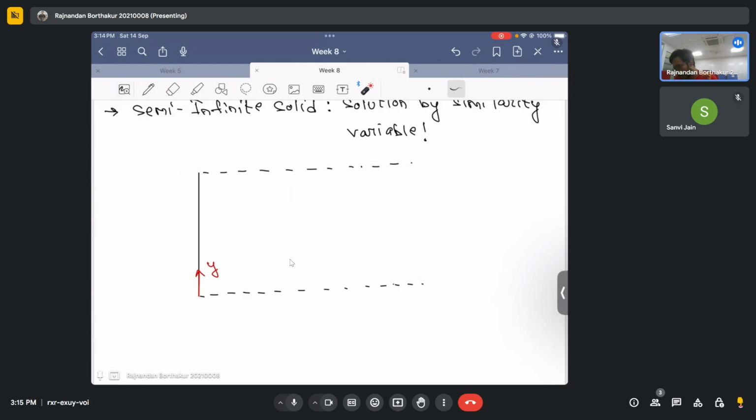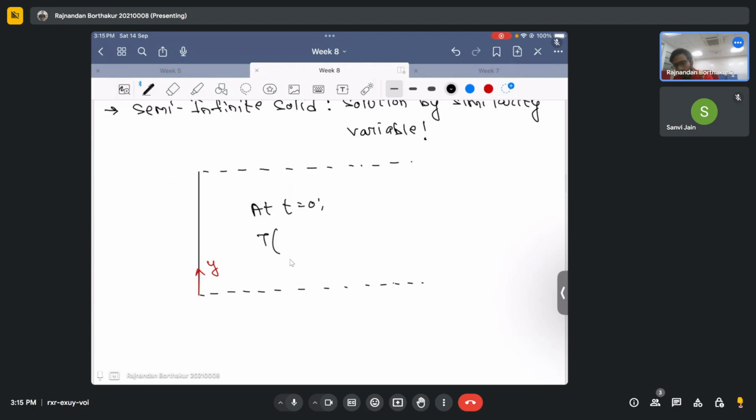So what I was trying to say is, let's say at time t equal to 0, I consider that the temperature of this object, the temperature field, will now be a function of x, where your x direction is in this direction.